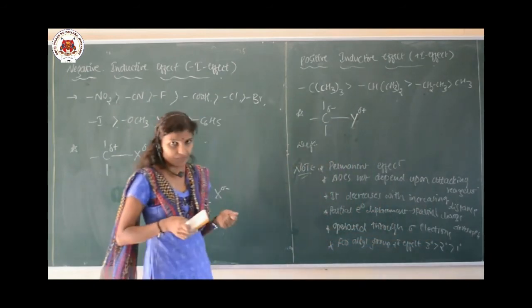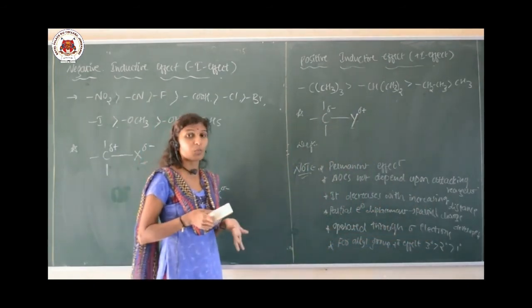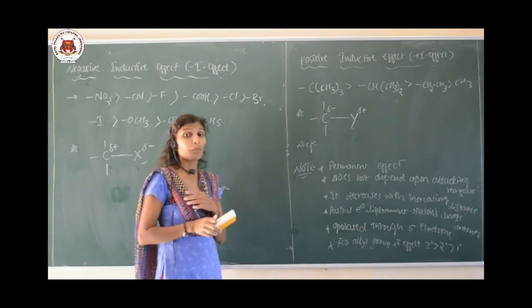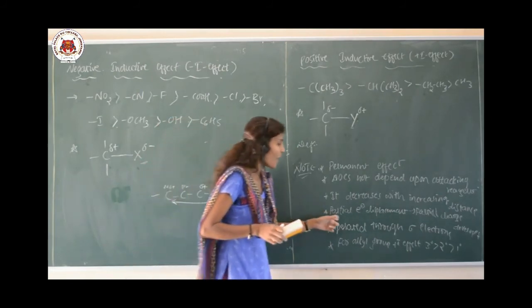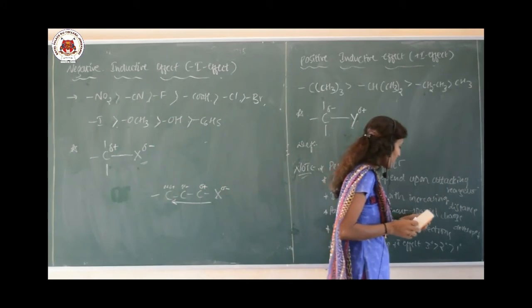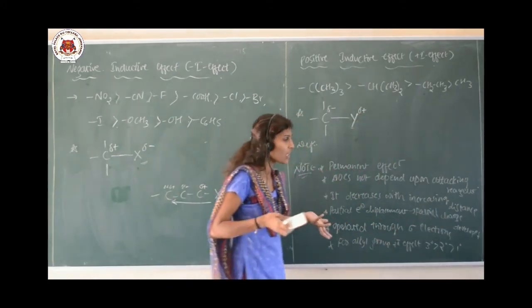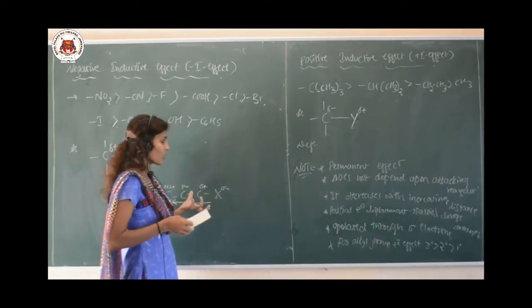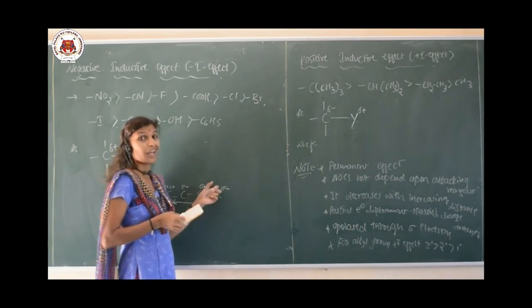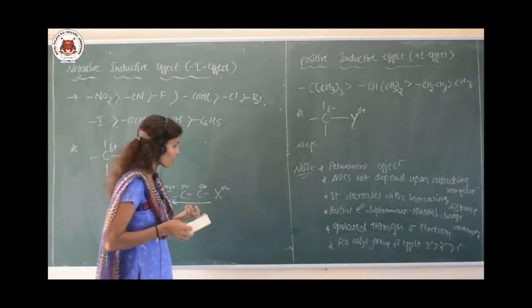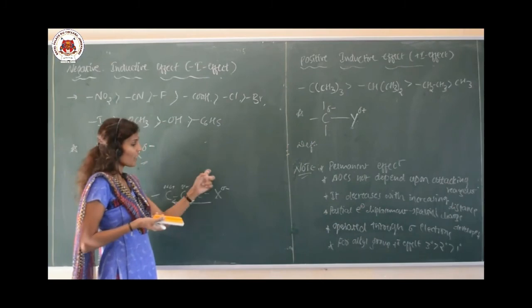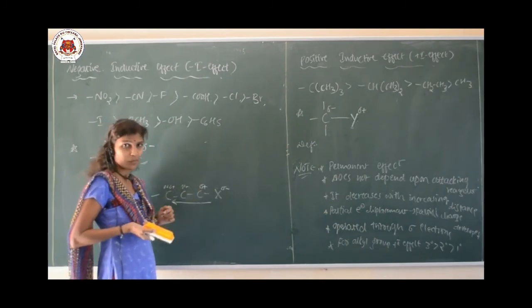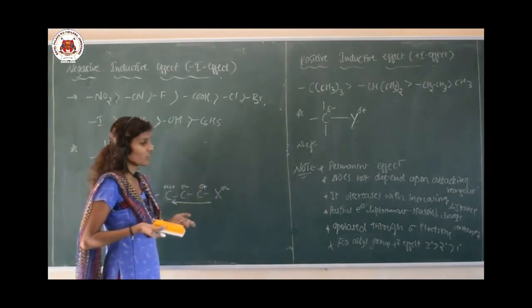And as partial electron displacement takes place, not complete, the partial charges are developed. Okay, it is partial electron displacement, not distribution. Partial electron displacement will take place, so the partial charges are developed.